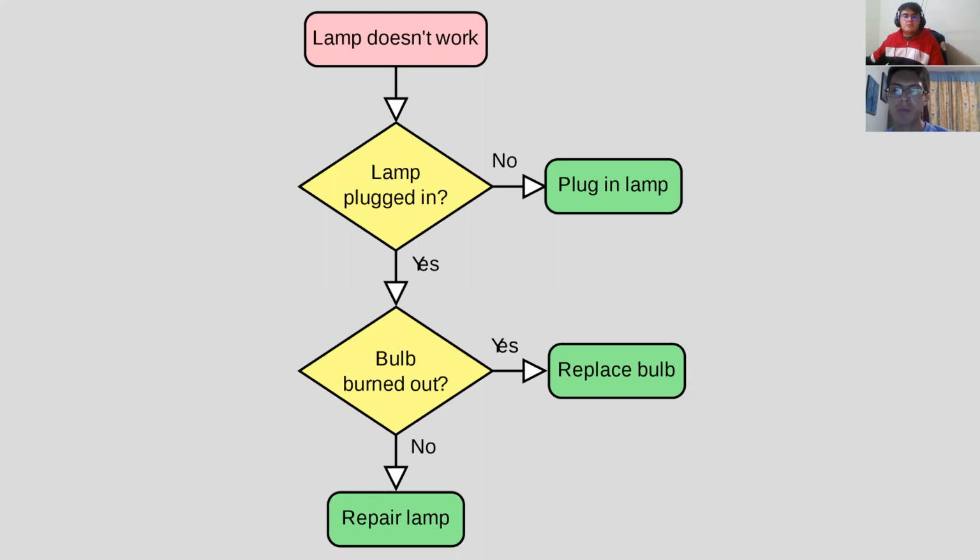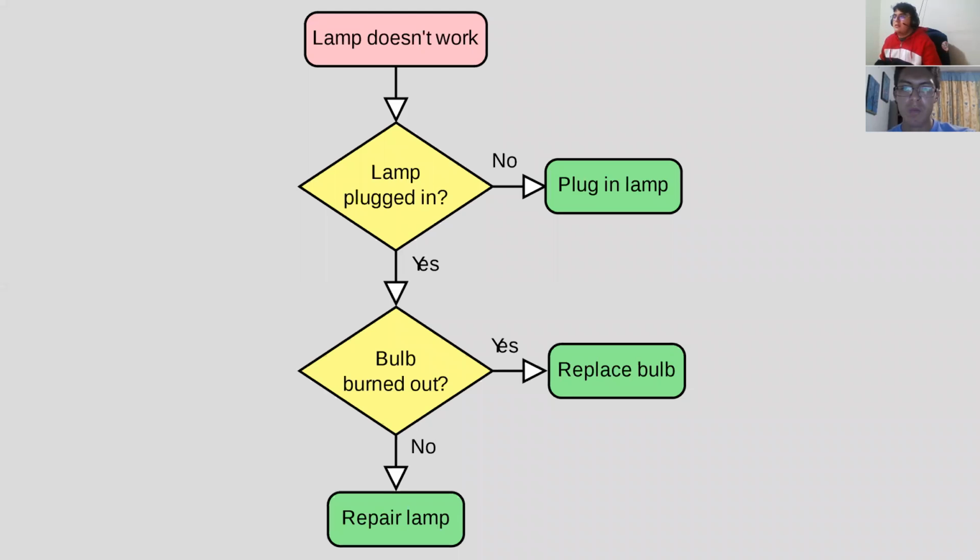The beginning of the process is proposed explaining that the lamp doesn't work. Then it's connected to a decision which asks if the lamp is on. If the answer is no, then it's turned on.